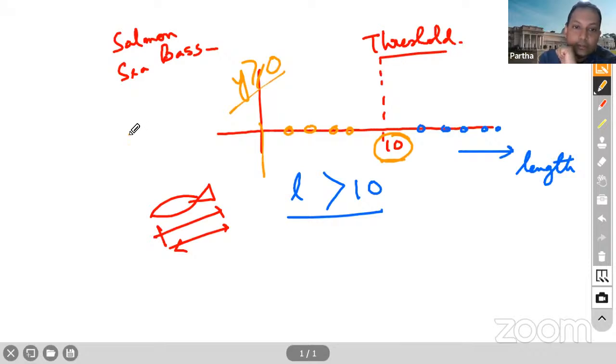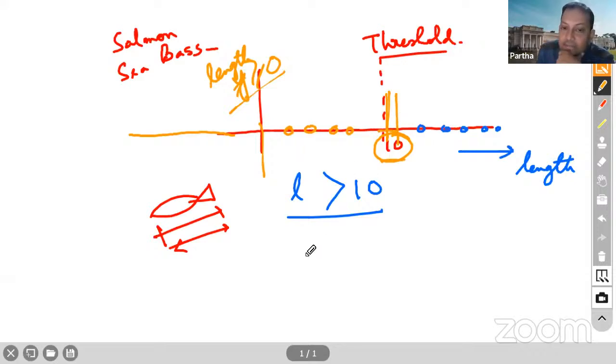If I just say the length is greater than or equal to 0, all fish examples satisfy it, so I cannot decide anything. I have to choose some value, like 10 or 15, through which I decide whether a fish is salmon or sea bass. That value, 10, is what I have to consider.